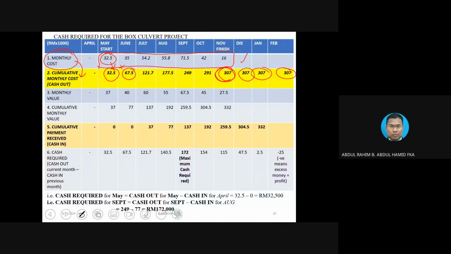Okay, so rows number 1 and 2 are finished for the cost. The cost is very straightforward. And row number 2 in yellow color there, that is what we call the cash out. Now we already have the cash out. The only thing that we do not have yet is the cash in.